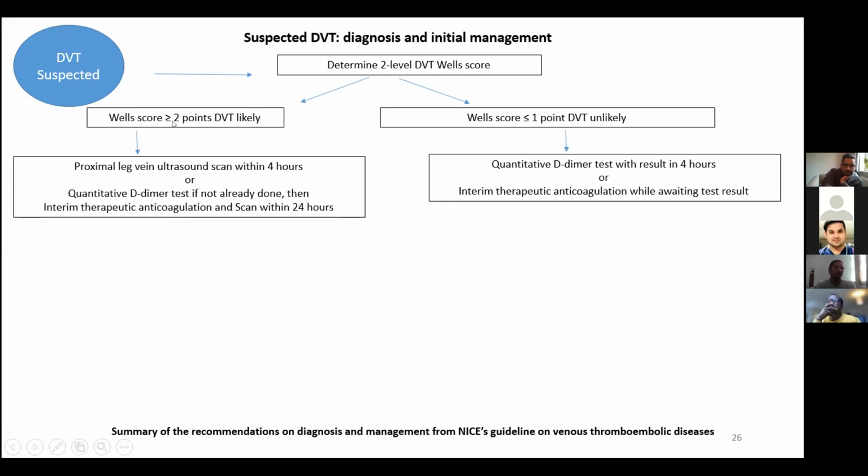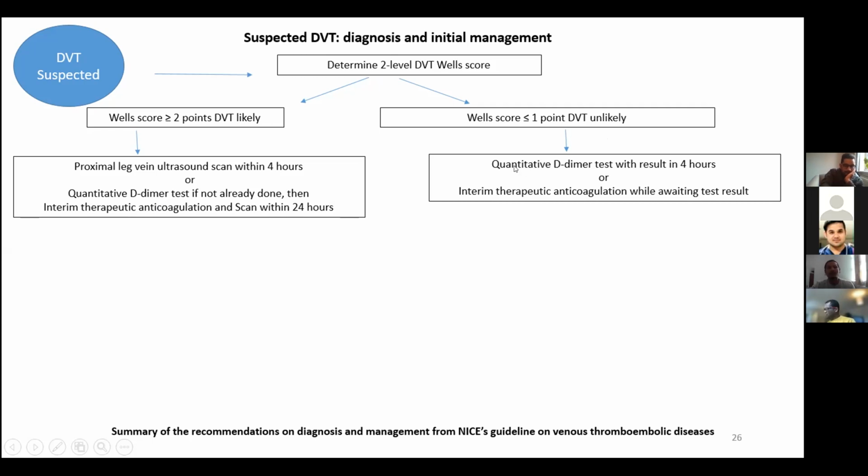So if the Wells score is 2 or more, DVT is likely. What we have to do next is a proximal leg vein ultrasound scan within 4 hours. And we can also do a D-dimer test if not already done. And we have to start the patient on interim therapeutic anticoagulation, and scan the patient within 24 hours. So what if the Wells score is less than 2?